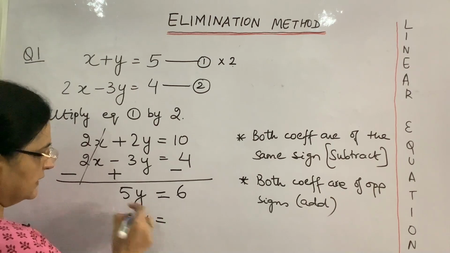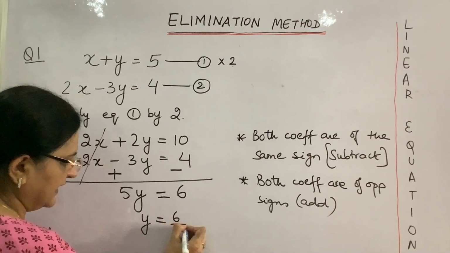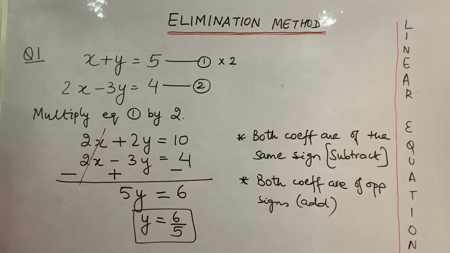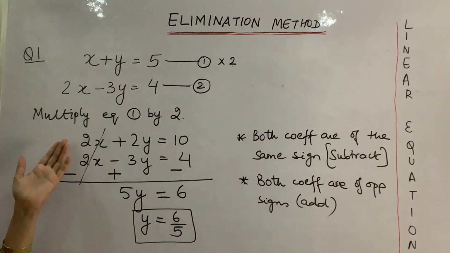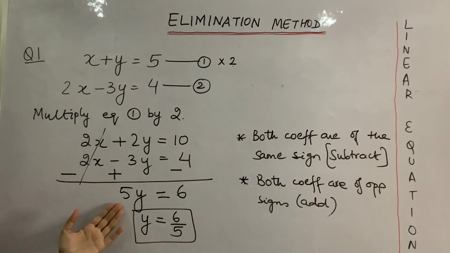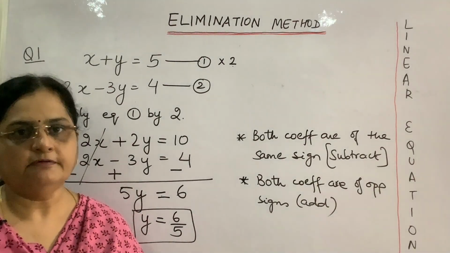So drag out 5 here, and the value of y comes out to be 6 upon 5. What have we done? We have equated the coefficients, eliminated one of the variables, converted the equation into a one variable equation, and found out the value of the one variable.